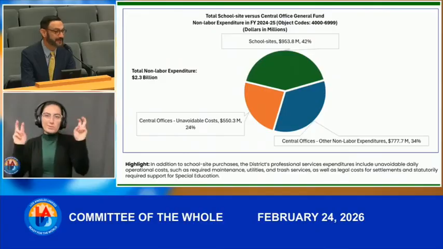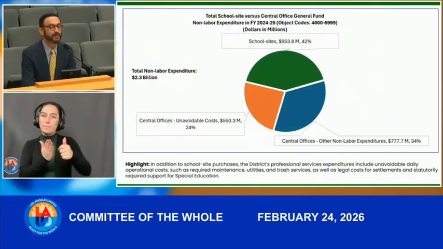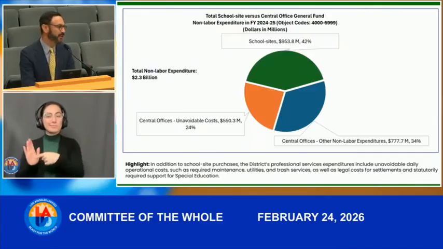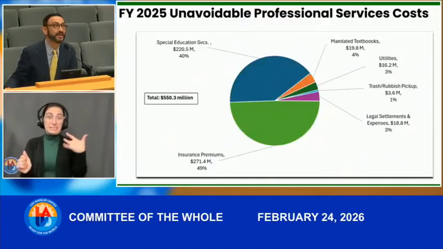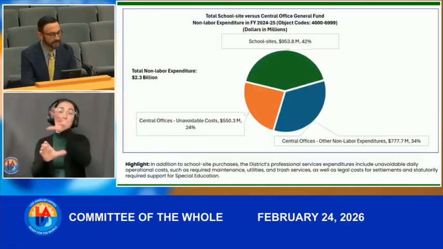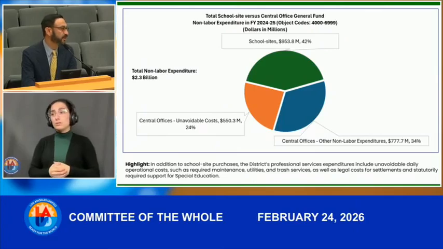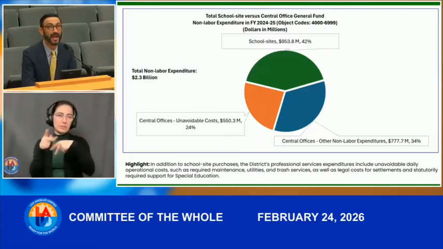That's not a term you'll find in the California School Accounting Manual, but it represents the types of spending that really are essential and typically cannot be avoided. I'll provide some examples in a moment, but it includes things like utilities, waste management, and similar expenditures that really are going to happen every year.